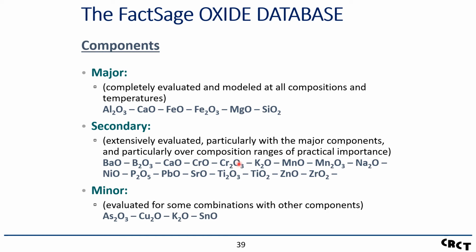So now we see sodium and potassium oxide are in the Oxide database. Through this we extended the model, but only as far as necessary, by adding NaAlO2 and KAlO2 as additional, in quotation marks, components to the Oxide database.